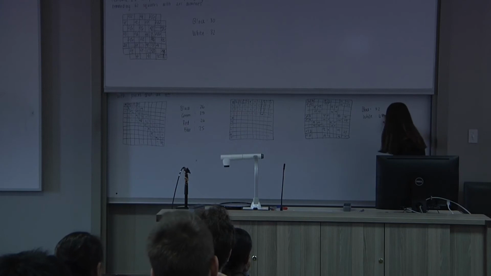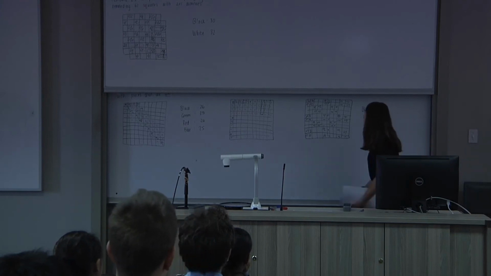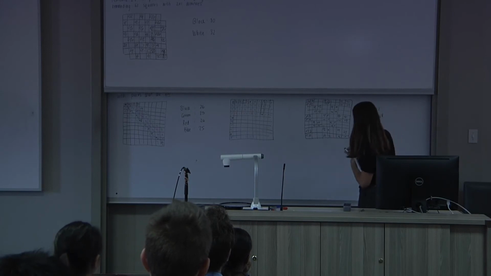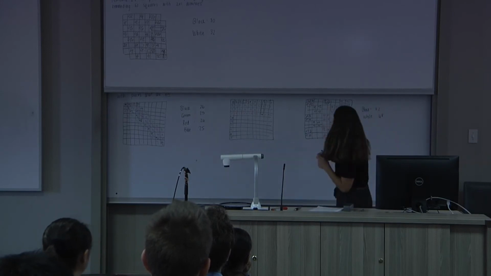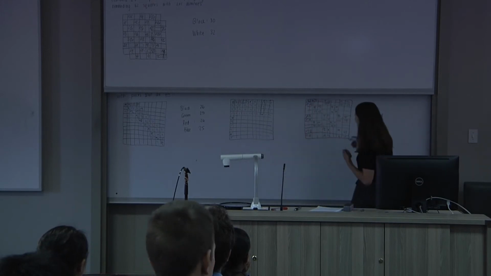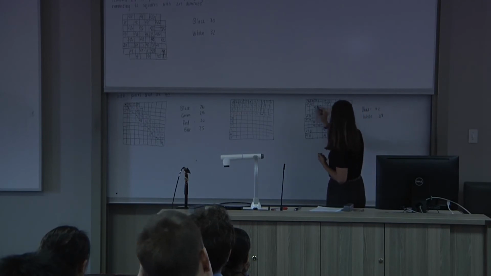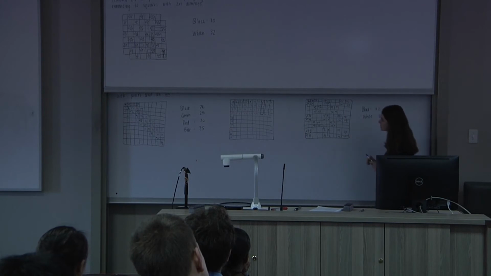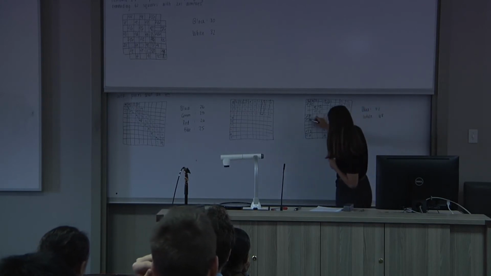In this case, again, any piece that we place will cover 2 black and 2 white squares. Place it like that, 2 black, 2 white. Place it like that, 2 black, 2 white. And similarly for all the vertical placements as well.